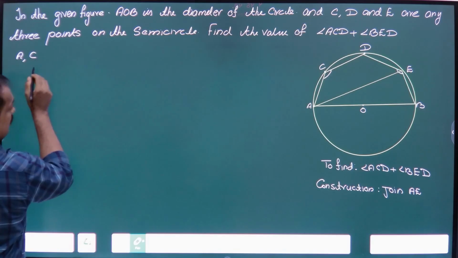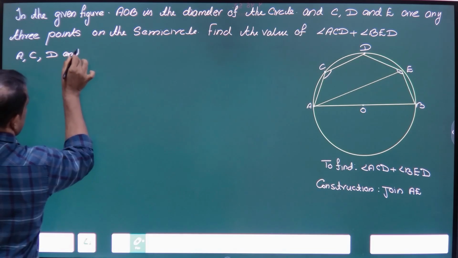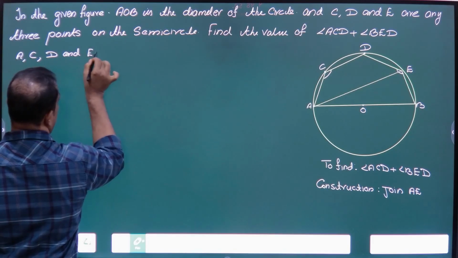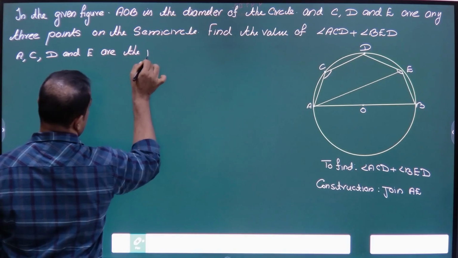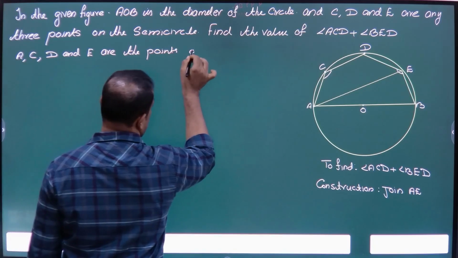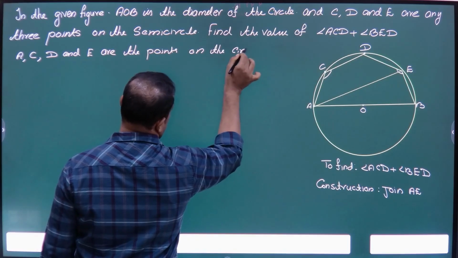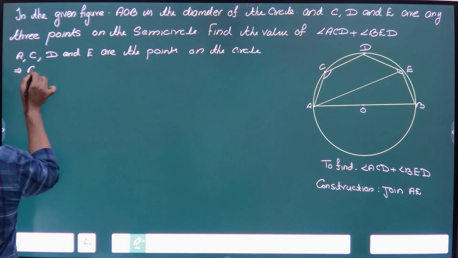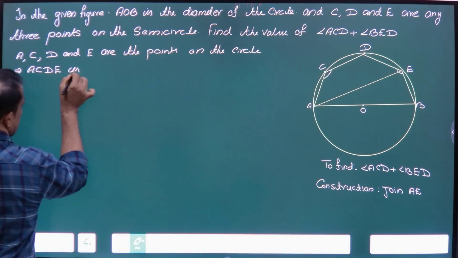Solution. A, C, D and E are the points on the circle. This implies A, C, D, E is a cyclic quadrilateral.